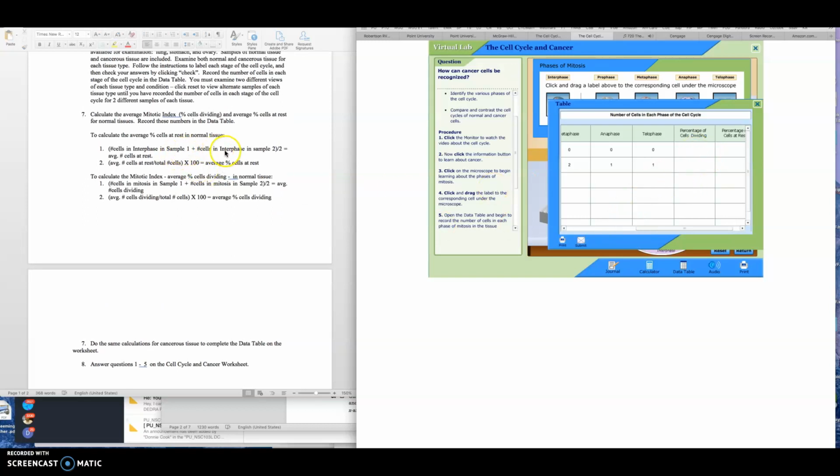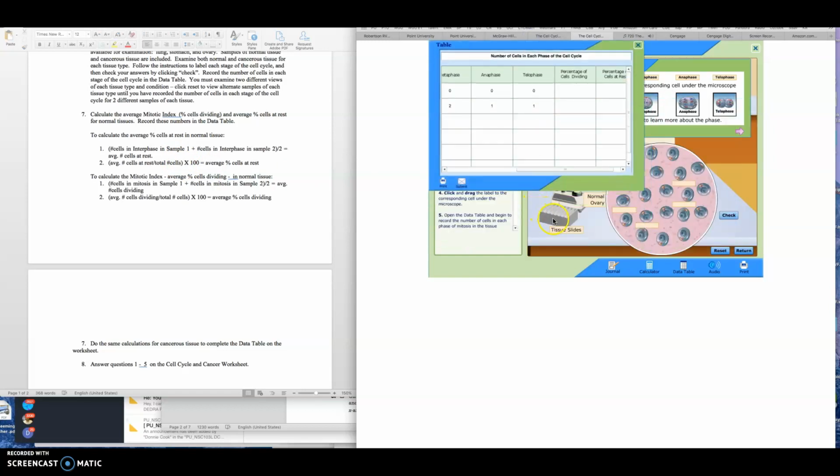this mitotic index. So we take the cells in interphase in sample 1 and then sample 2. Average percent cells at rest for normal tissues. So if you do 2 samples, you can do lung and stomach. You don't necessarily have to do the ovary, because you just need 2 normal tissues and 2 cancerous tissues.